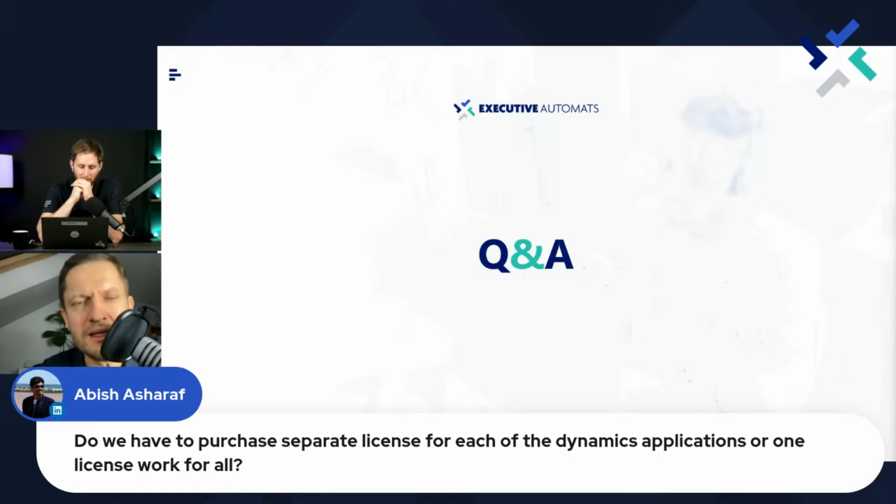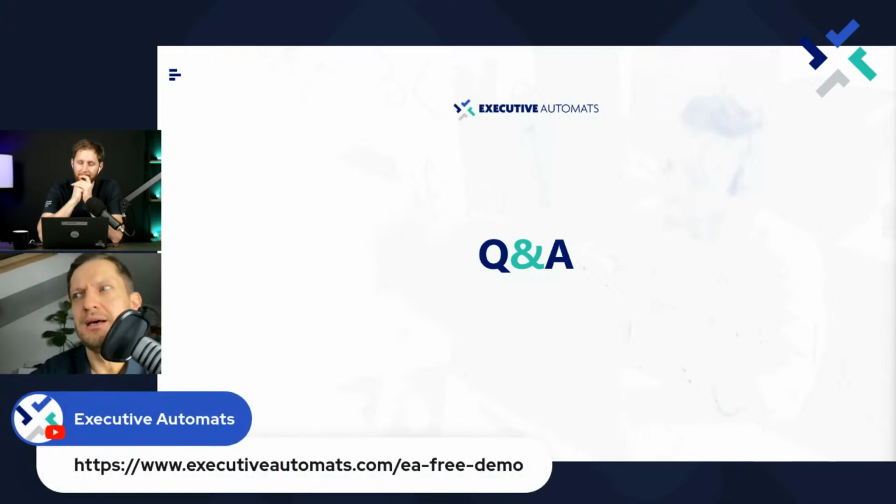But for the details, book yourself a meeting with us and we will describe the licensing. There is an event button on our www.executiveautomats.com page where you can request the price. Feel free to book yourself a call with our sales representative and he will guide you through our price list.